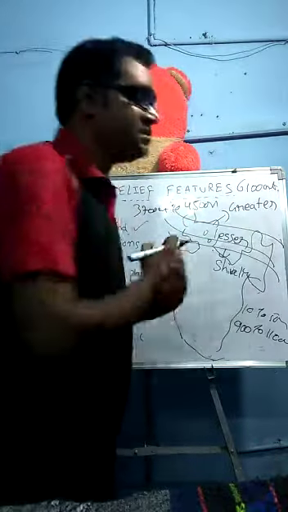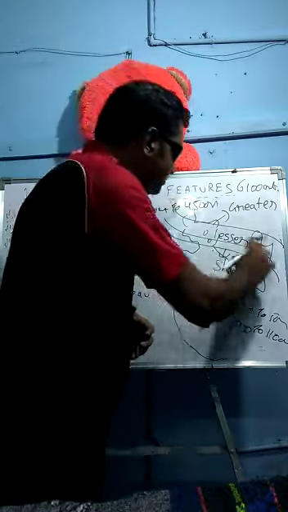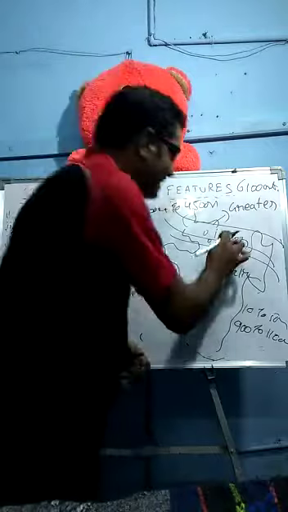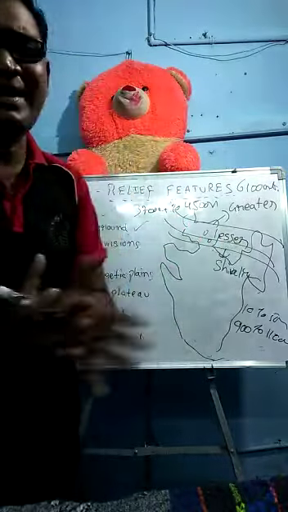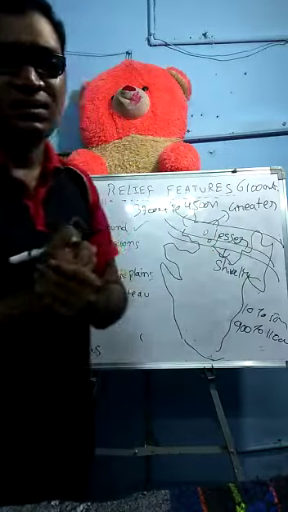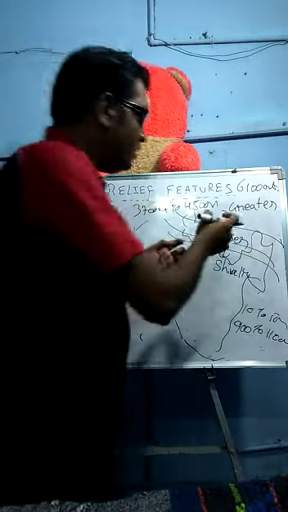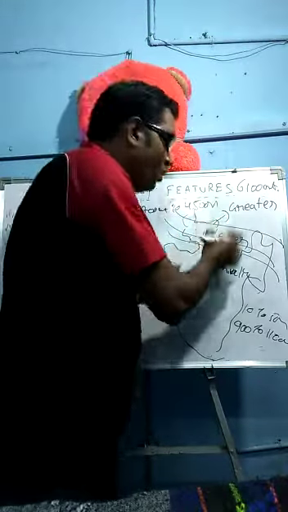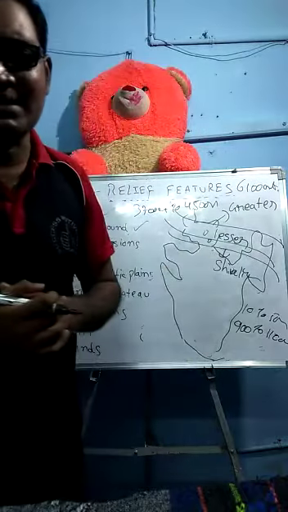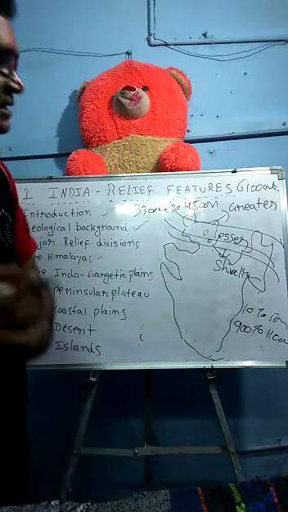This area is covered with gravel stones. Between the Shivalik ranges there are valleys and plateaus. These valleys we call duns. Dehradun is located here, and also Patli and Kotli duns. These are the details of the Shivalik ranges.